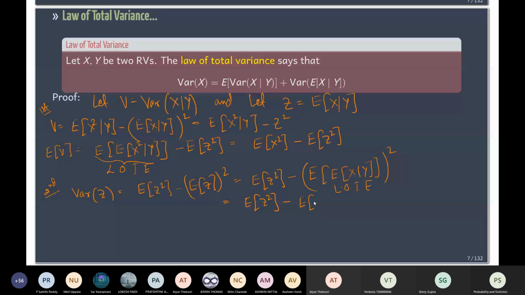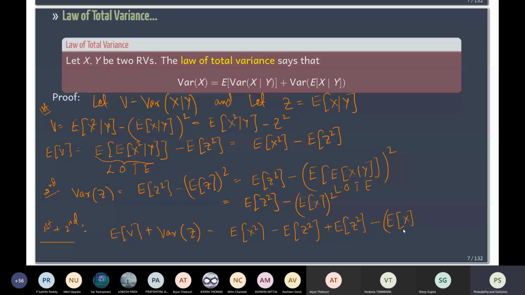Then we have to verify now. So the first plus second term is the expectation of v plus the variance of z. This is the expectation of x square minus the expectation of z square plus the expectation of z square minus the expectation of x whole squared.